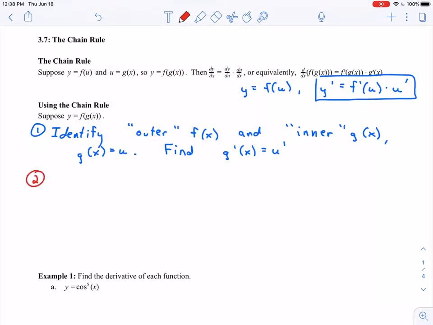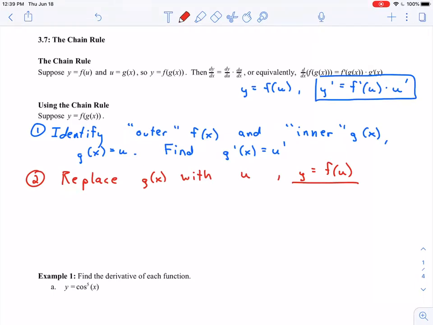Step 2, what do I want to do here? I want to replace that g of x with u, so that you have y equals f of u. So at this point right here, you should not have anything in terms of x.